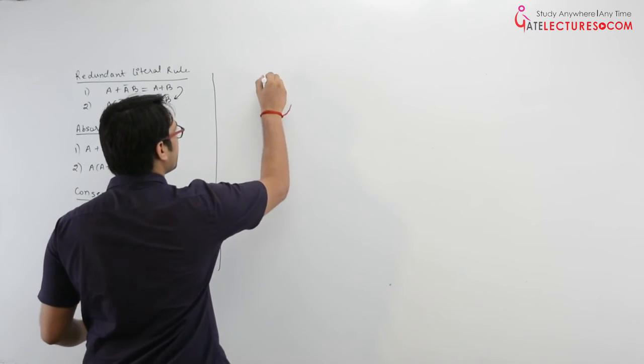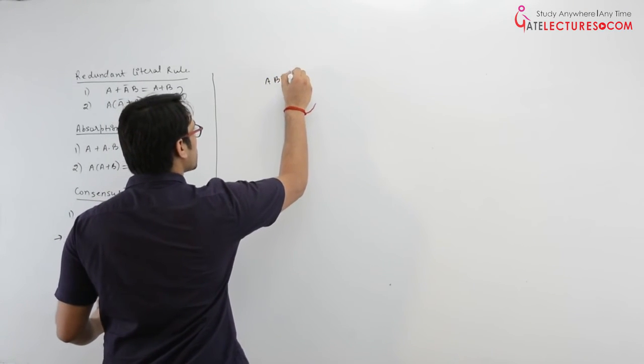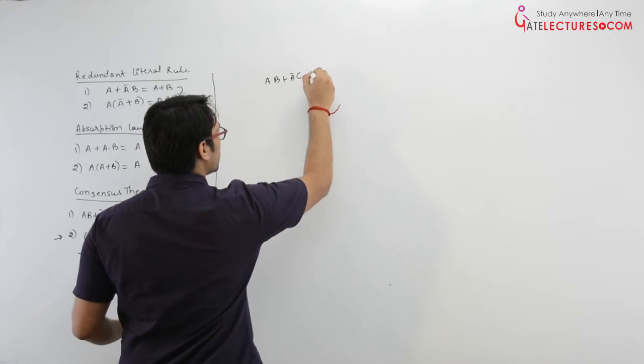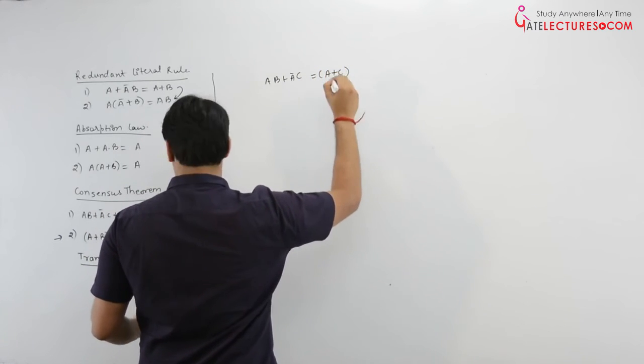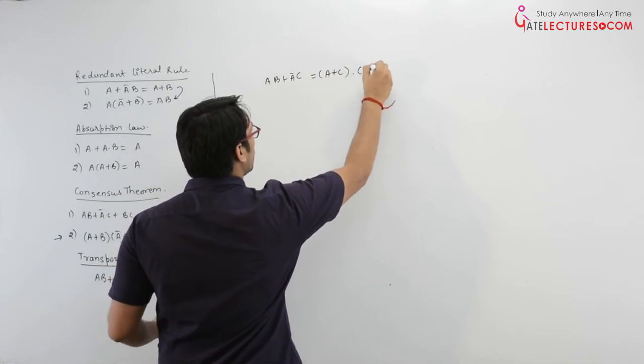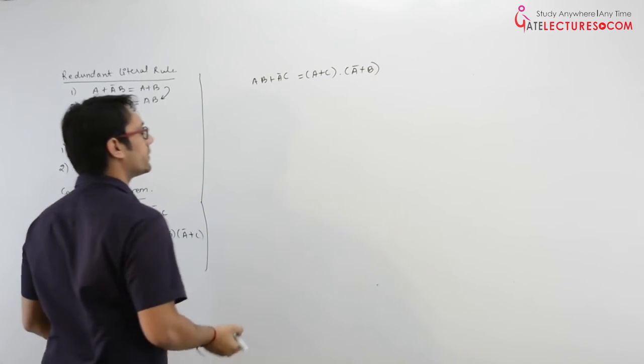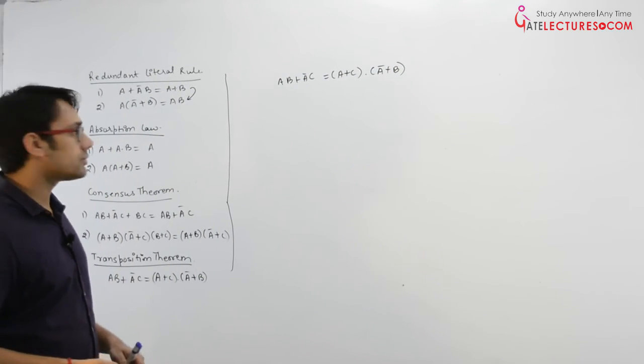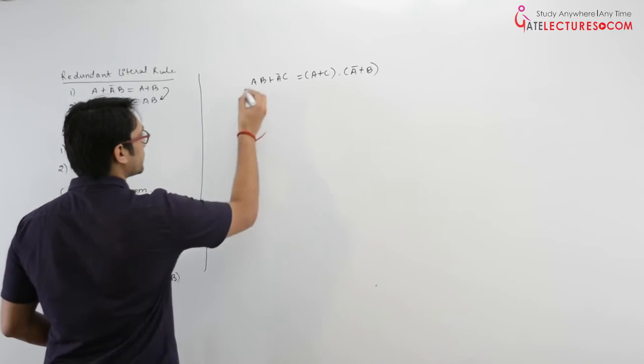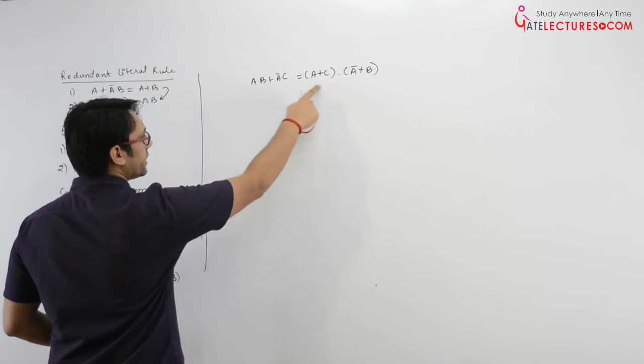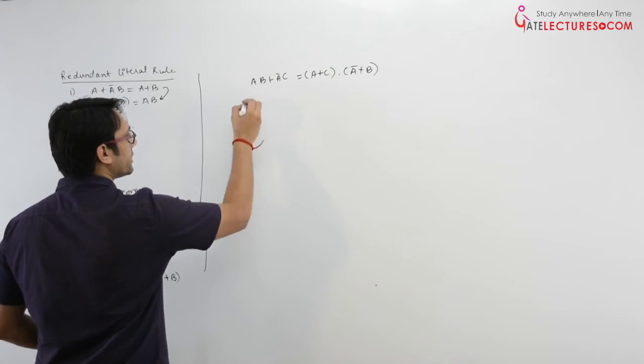It says we have AB + A'C, it can be written as (A + C)·(A' + B), right? So let us try to prove it. We have the left hand side and the right hand side. Let us take the right hand side first.